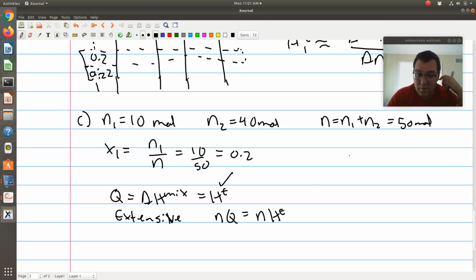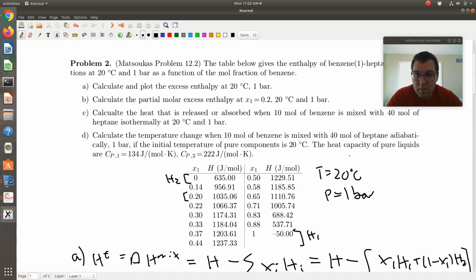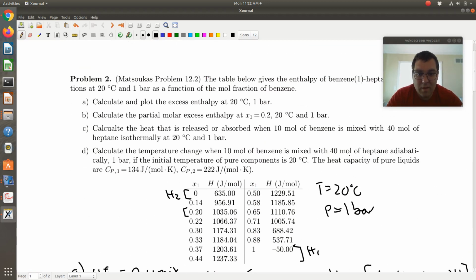So I'd multiply by N. Calculate the heat that is absorbed or released: if Q is positive, heat is added to my system, so it's absorbed. If Q is negative, it's exothermic, and heat is released from my system. Cool.